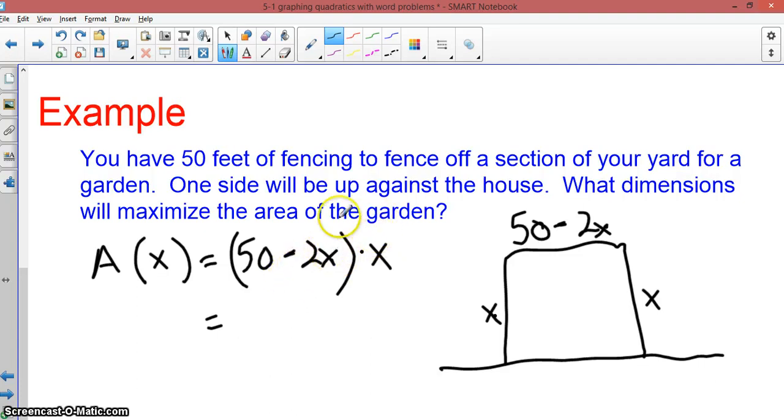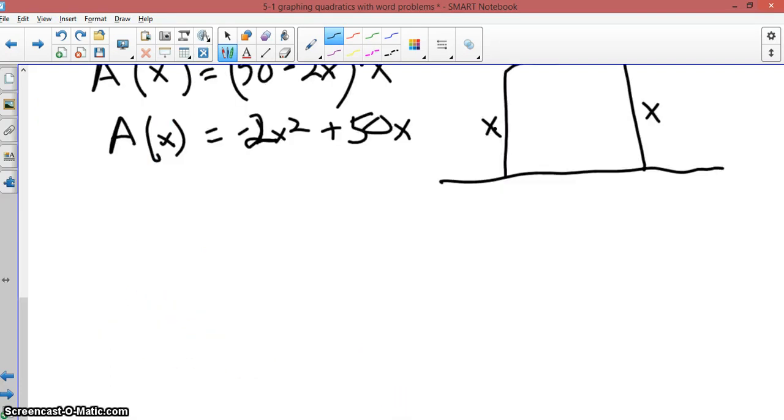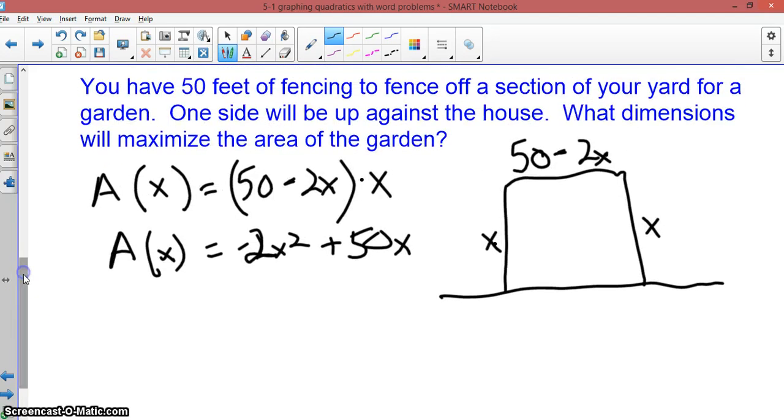So x times negative 2x is negative 2x squared. Okay, x times 50 is plus 50x. And wait a second. This is a quadratic equation.